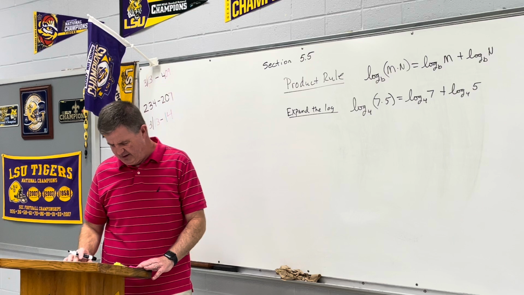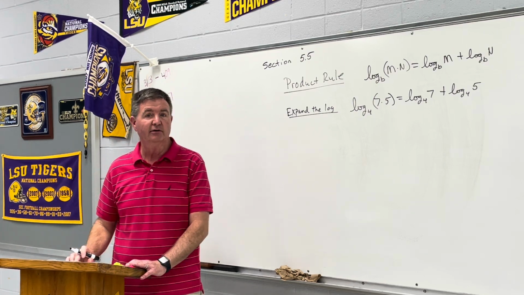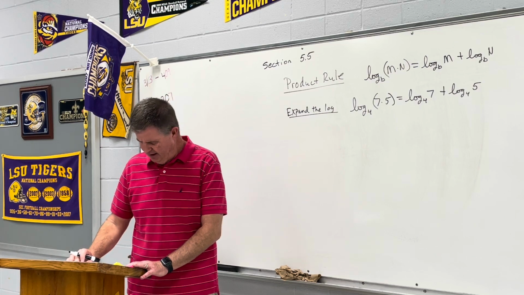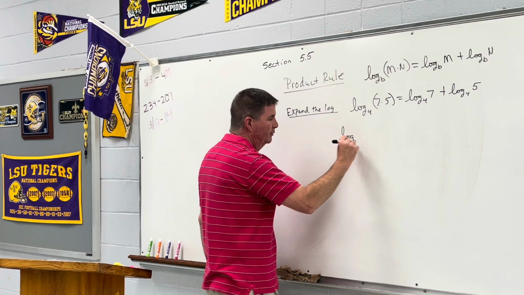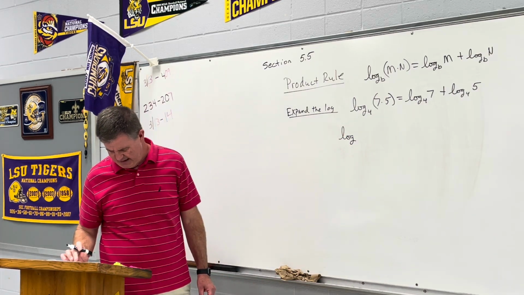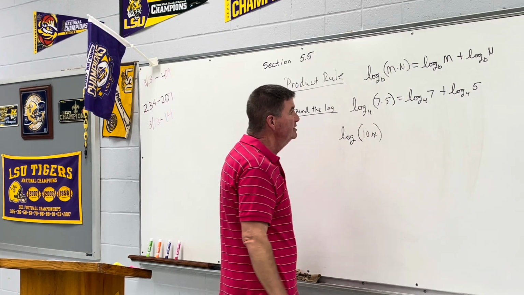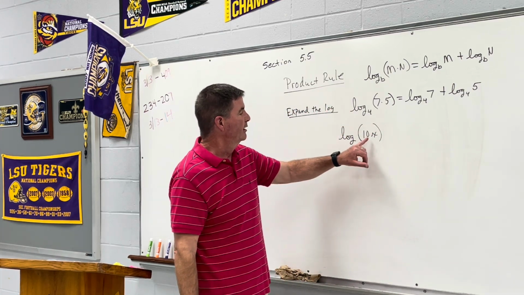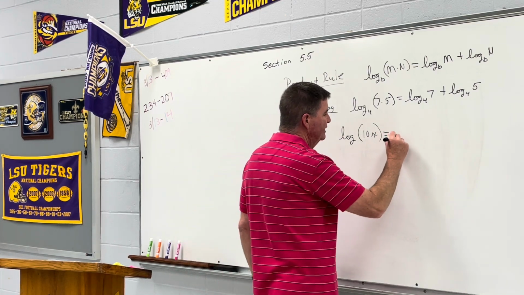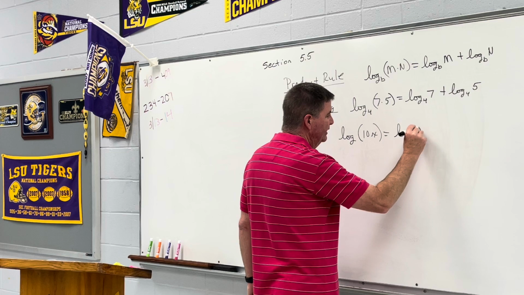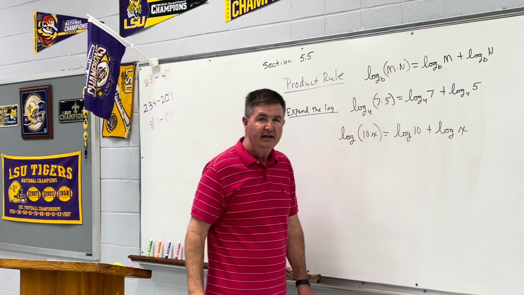This would be expanding the log using the product rule. Now, when expanding the logs using the product rule, you must make sure that none of the general log properties come into play. For instance, if I have log, which remember is a common log, log base 10, of 10x, which is again a product rule because it's 10 times x, we could write this as log of 10 plus log of x.